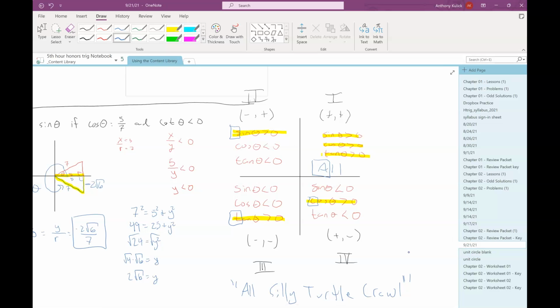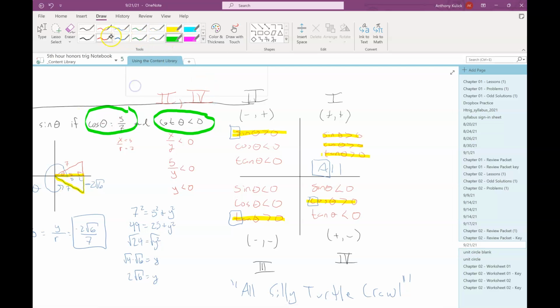But all this is doing is reminding us which of sine, cosine, or tangent are positive in a given quadrant. And if they're not positive, the other things have to be negative, right? So if we go back to this problem that we just had done, cotangent is negative in the second and fourth quadrants.